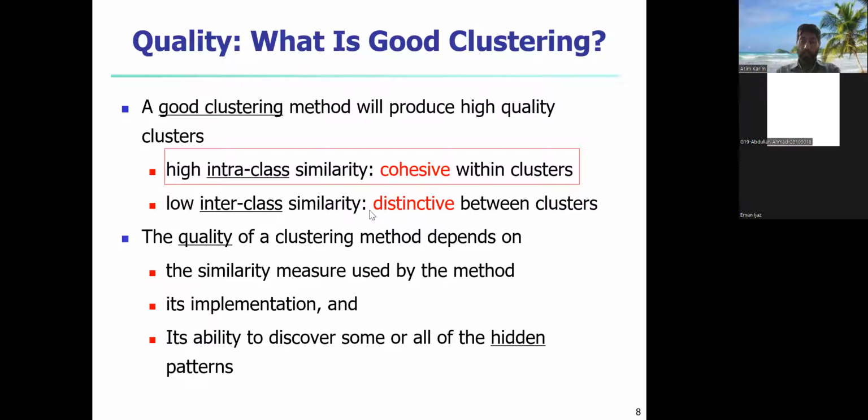Intra means within a group, and inter means between classes or between groups. And as I said, in most cases we would like to quantify this through a clustering criterion, and that clustering criterion would then be optimized as part of the clustering algorithm.